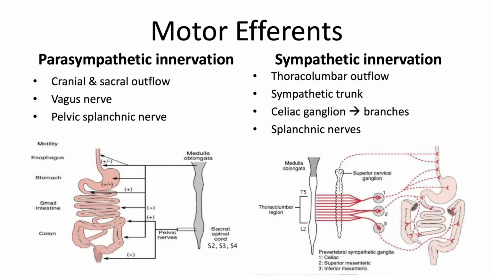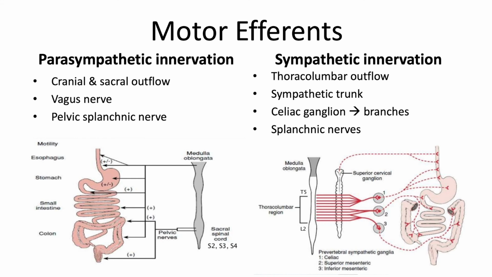Motor efferents of the enteric nervous system can be divided into parasympathetic and sympathetic innervation. First, the parasympathetic connects the cranial and sacral spinal cord with the GI tract through the vagus and pelvic splanchnic nerves.